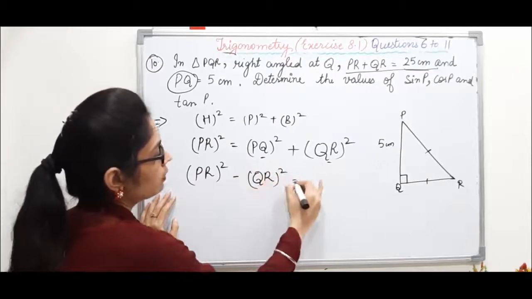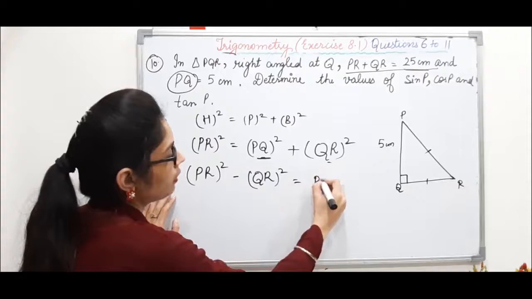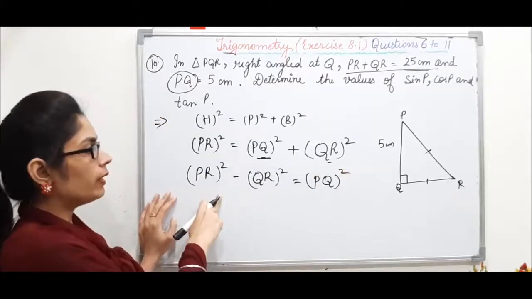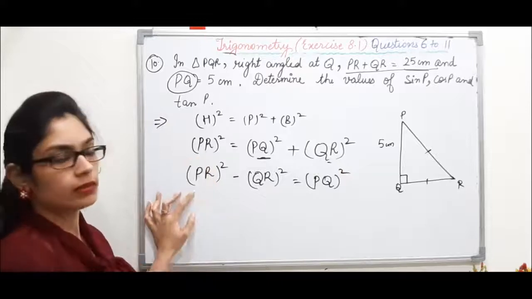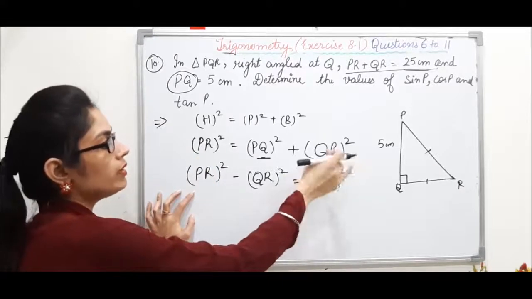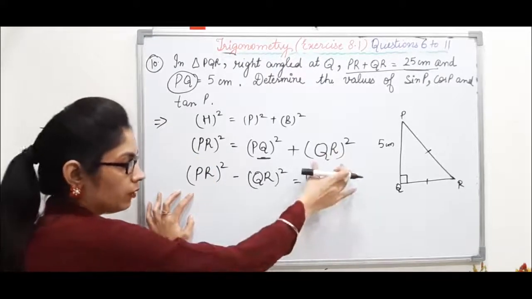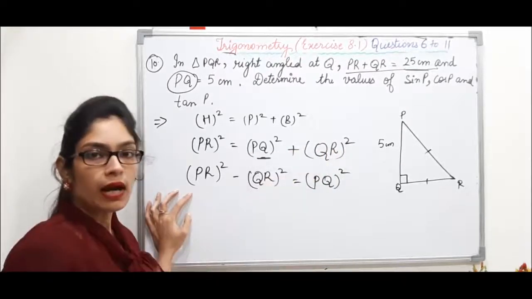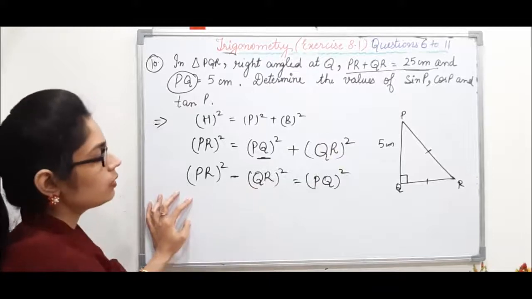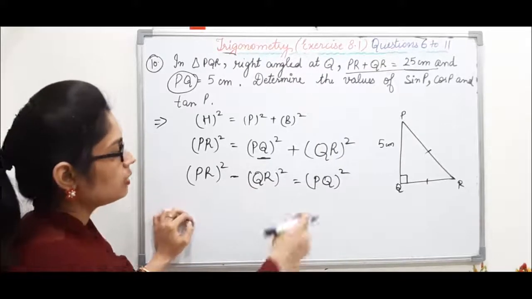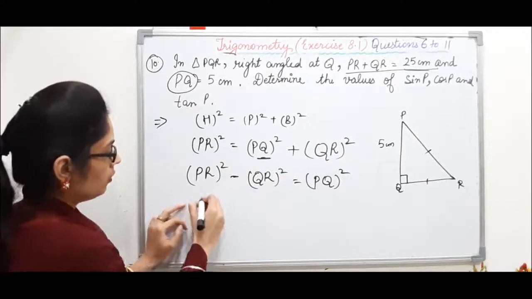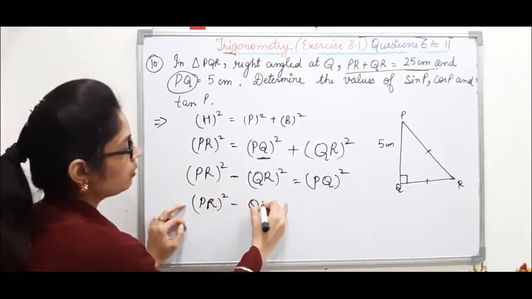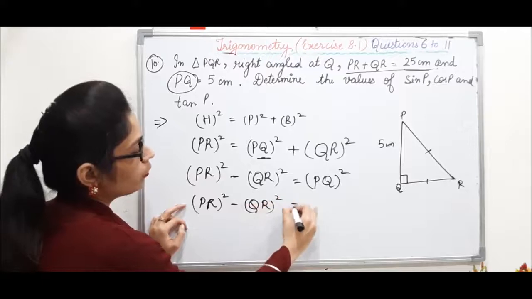So PR square minus QR square is equal to PQ square. PR square minus QR square is equal to PQ square.